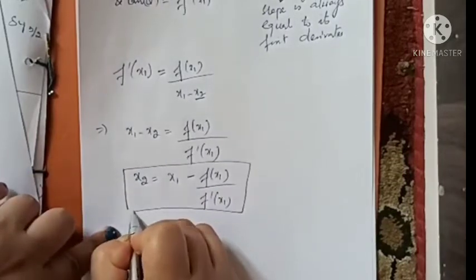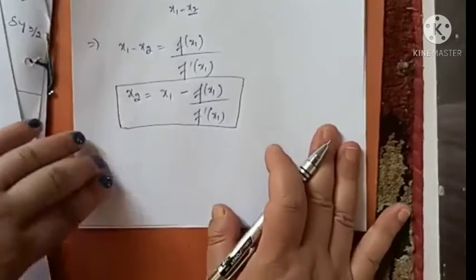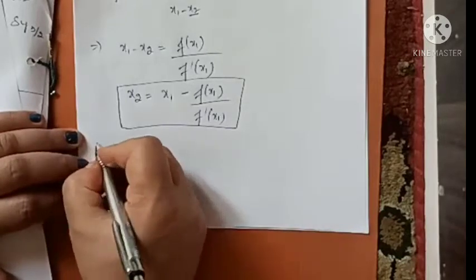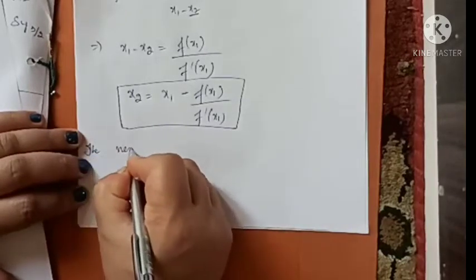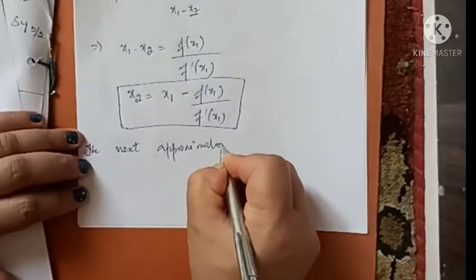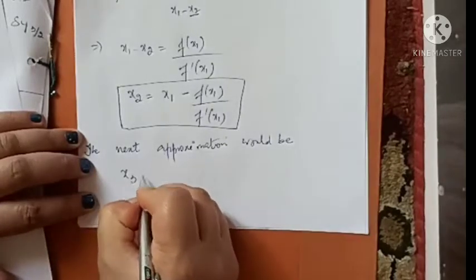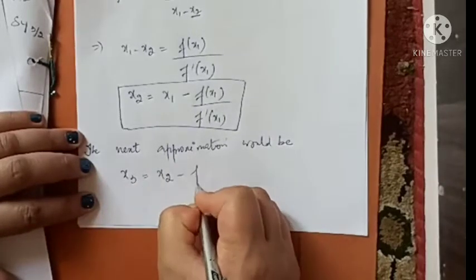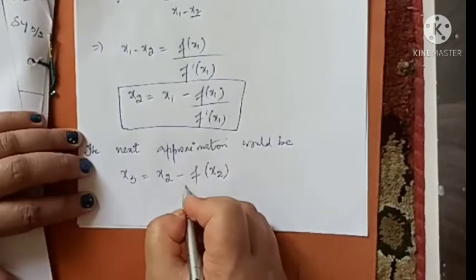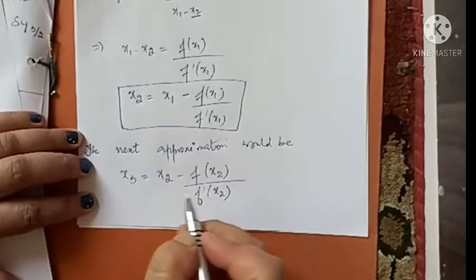So this is the formula in order to find the next approximation values. If I generalize, the next approximation after x2, say x3, will be equal to x2 minus f of x2 divided by f dash of x2.